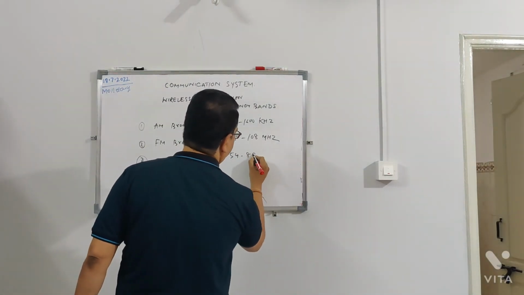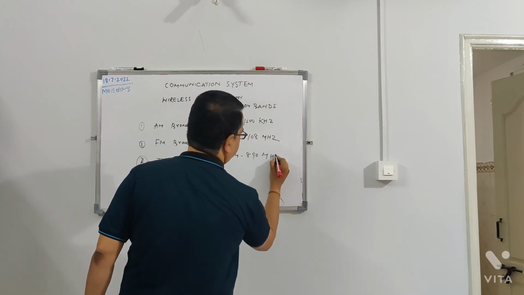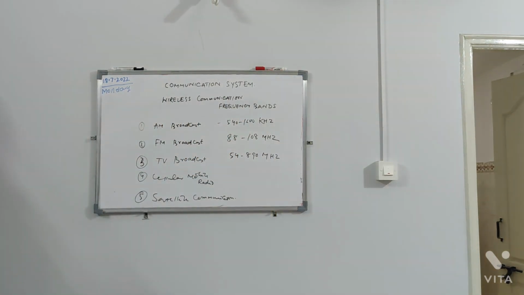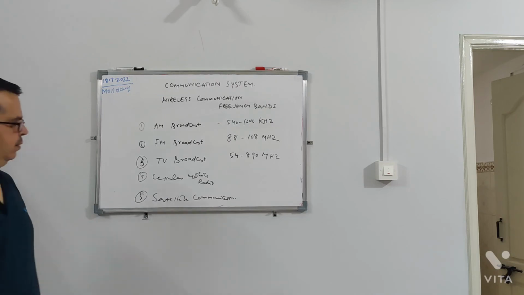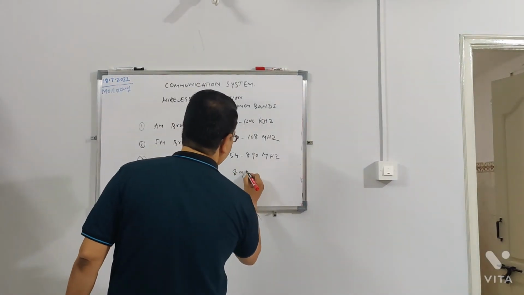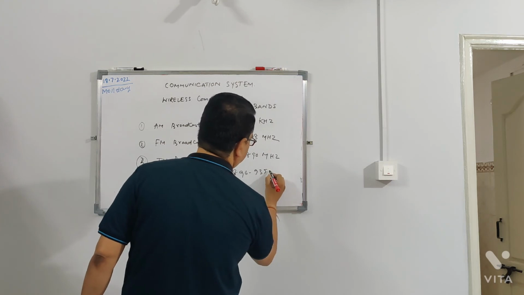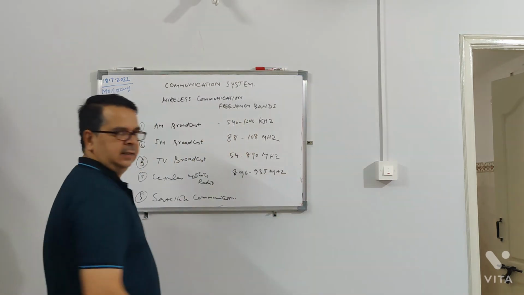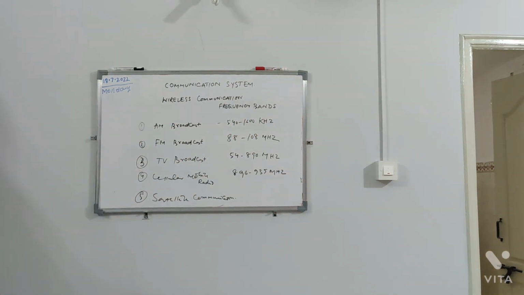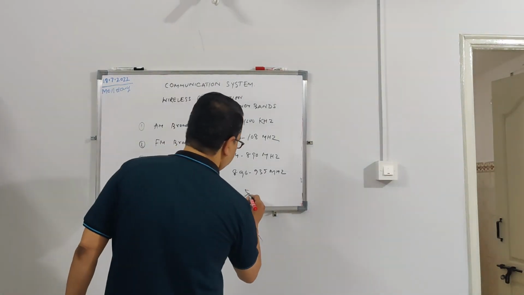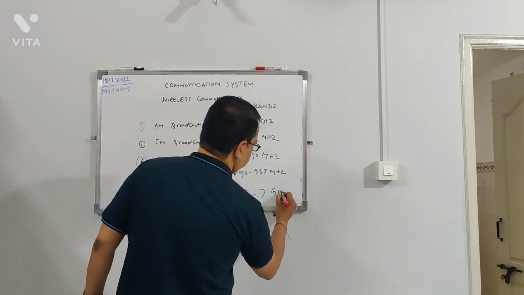Then cellular mobile radio 896 to 935 megahertz. And then satellite communication, uplink, downlink, and all that, is from 5 to 7 gigahertz.